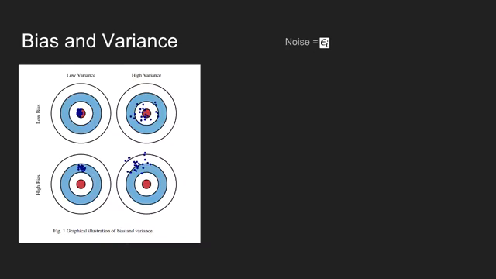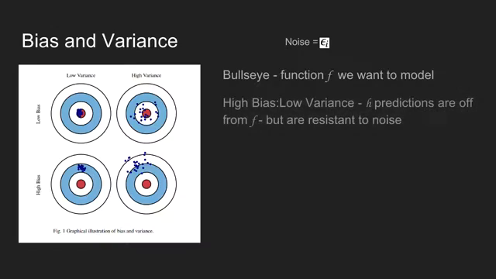In bias and variance, for this diagram in particular, what we're trying to do is land right in the bullseye. You can think of the bullseye as the function f that we want to approximate. A good hypothesis h would ideally land directly in there, and all of our predictions would be inside that center bullseye. Now, at the bottom left, we have a case of high bias and low variance.